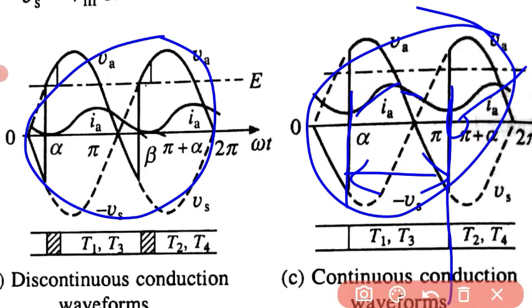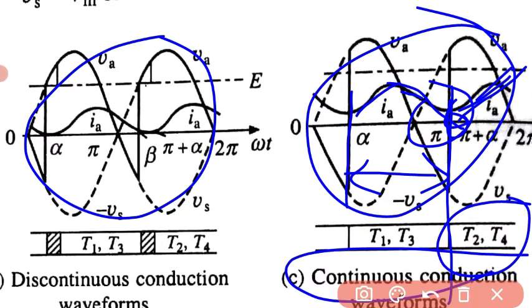Before going to zero, the current is turned on again. I repeat, before the current goes to zero, thyristors T2 and T4 are turned on and the current rises. Hence it is called continuous conduction.